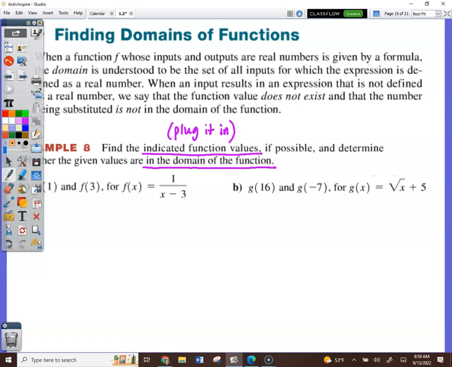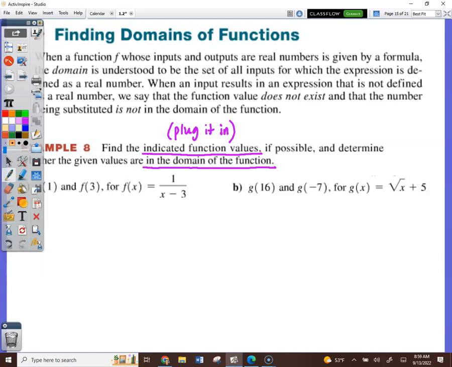That sounds really complicated, but basically, plug the number in. If you get an answer, it's in the domain. If you get an error, it's not in the domain. Does that make sense? Did I get an answer? Then it's in the domain. Did I get an error? Then it's not.